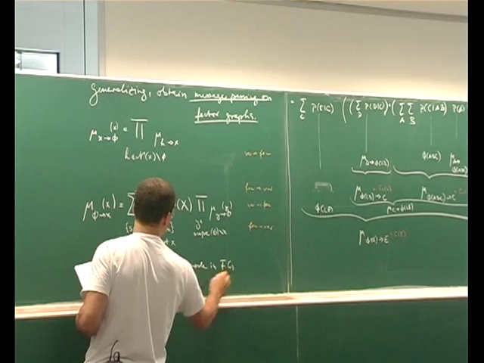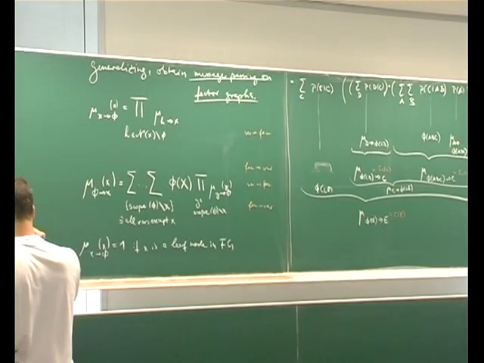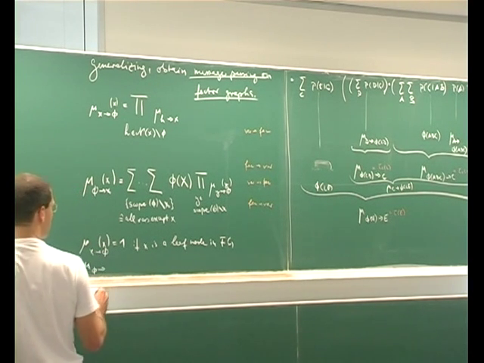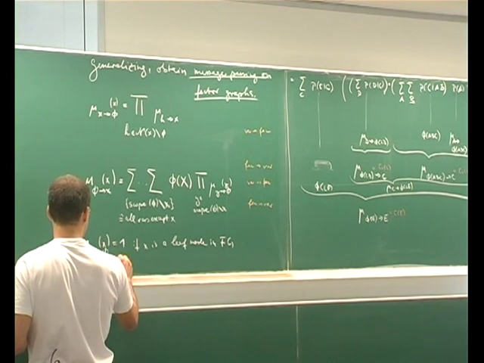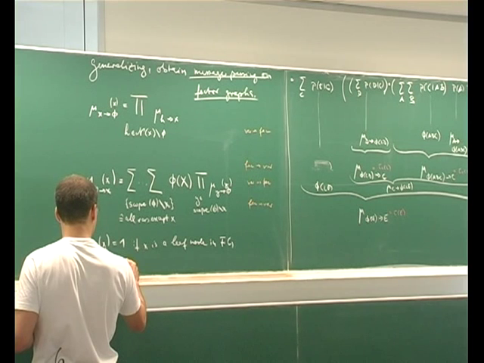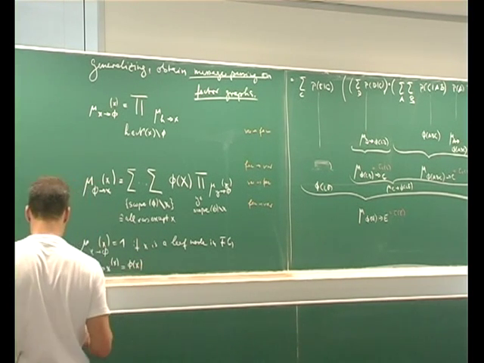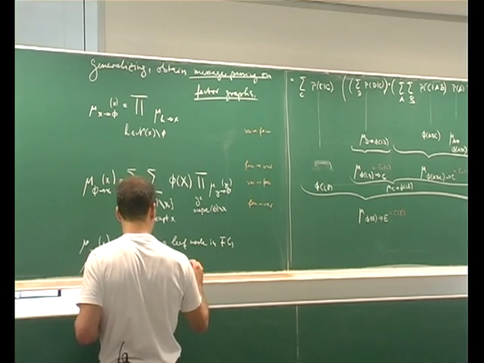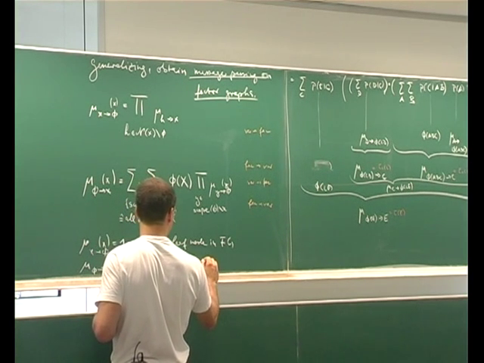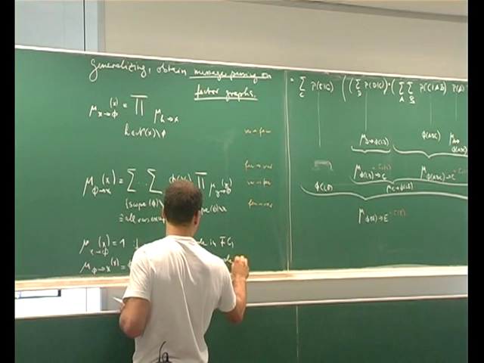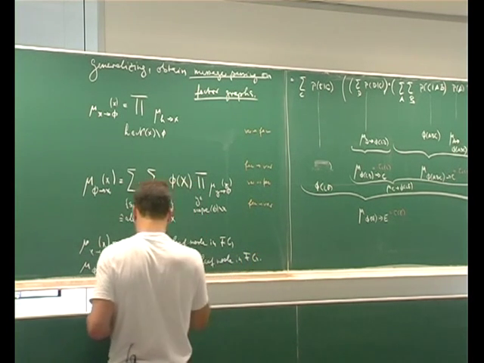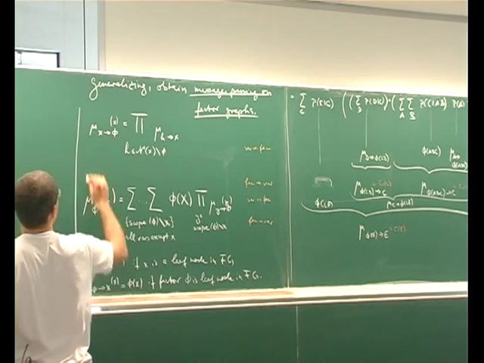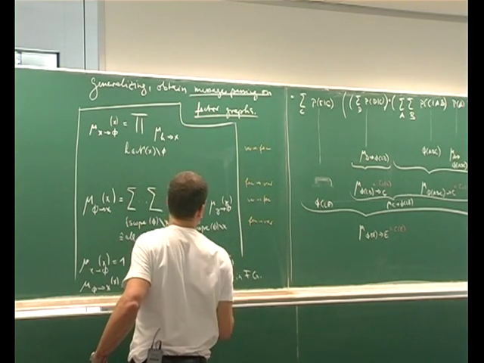If x is a leaf node in the factor graph, and vice versa, if we have a factor that is a leaf node in the factor graph, it sends simply the value of the factor itself. Taken together, this is the algorithm.